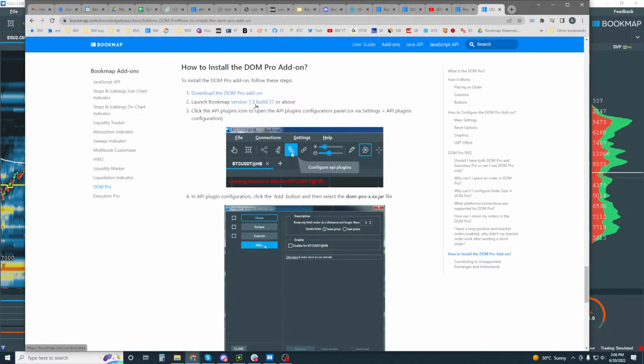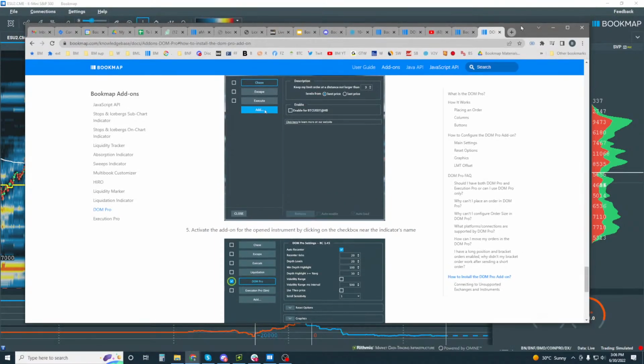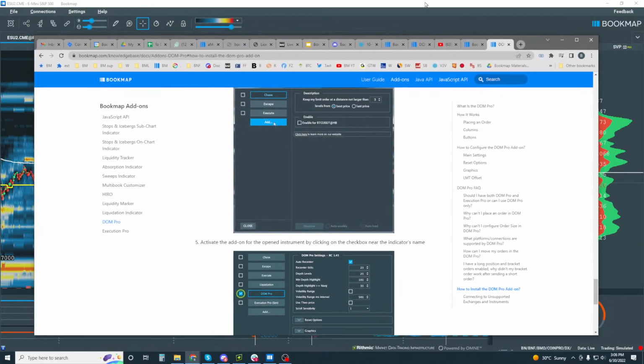Secondly, you need to have Bookmap version 7.3 build 27 or above. Those are required. And then you can configure it by adding it in here, etc. Anyway, go through the knowledge base for further insight or understanding of what's required and how to get it.